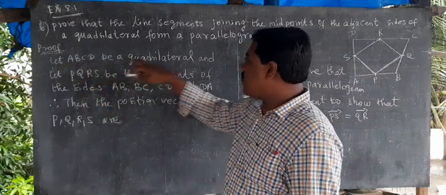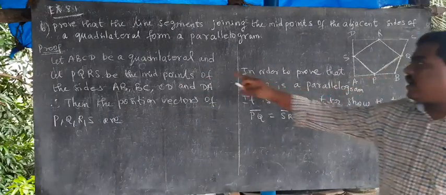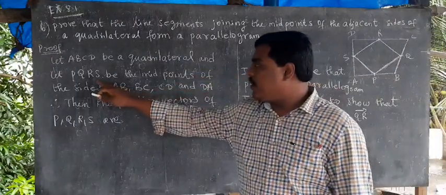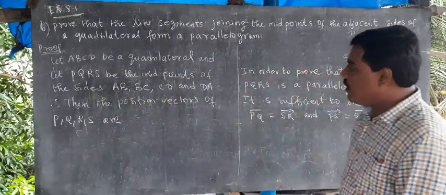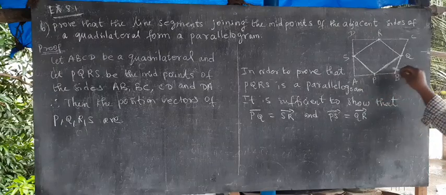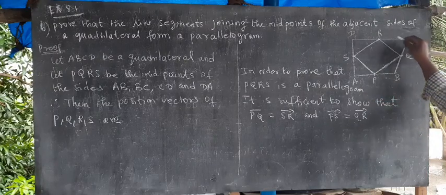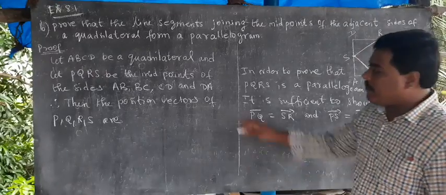Let ABCD be a quadrilateral. The given is that ABCD is a quadrilateral, and P, Q, R, S are the midpoints of the sides: AB is P, BC is Q, CD is R, and AD is S. That is what I have written here.